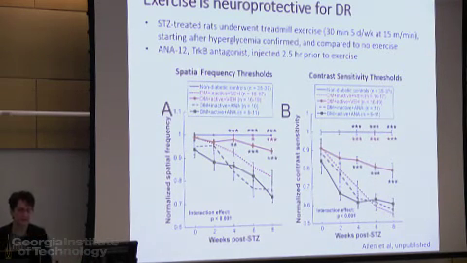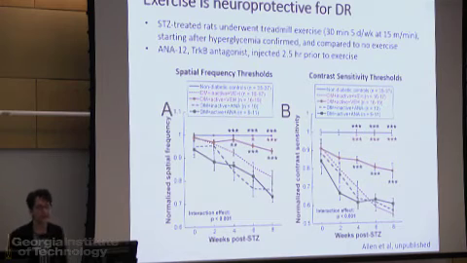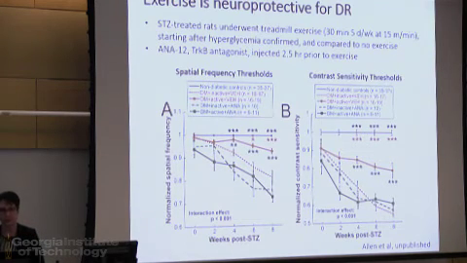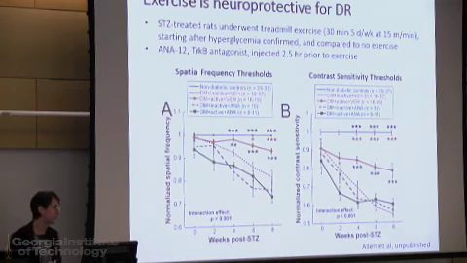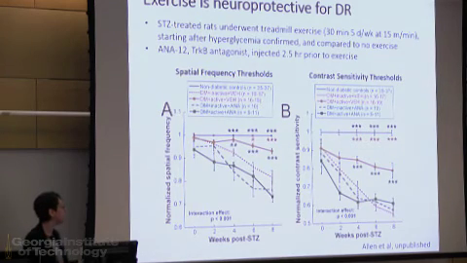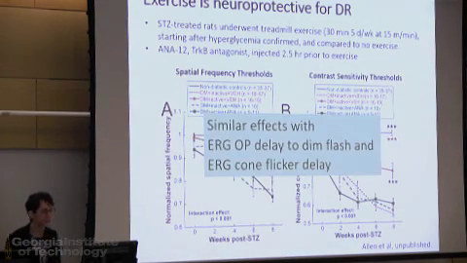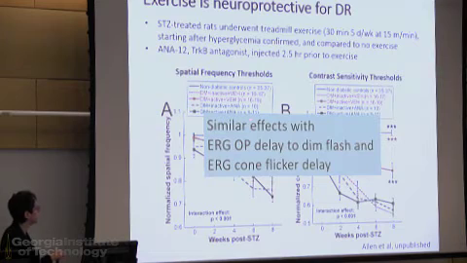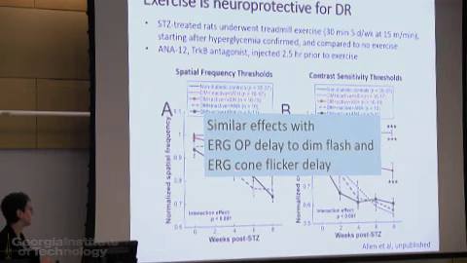Even though it looks pretty complete, I don't think this is the only thing going on. I think that exercise has multiple mechanisms that it's working through, but BDNF is certainly one of them. I'd also like to note that there were similar effects shown with ERG oscillatory delay, with that dim flash that I've shown you before, as well as an ERG cone flicker delay.